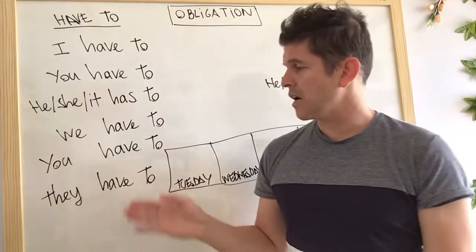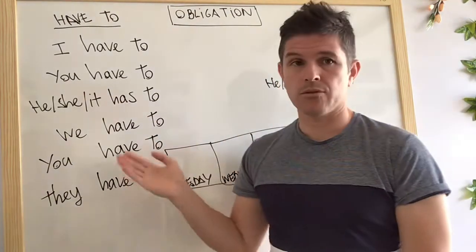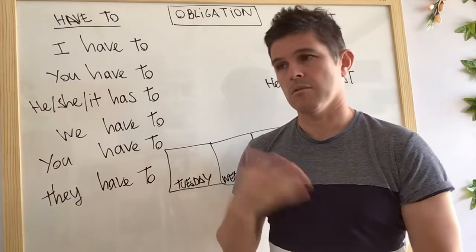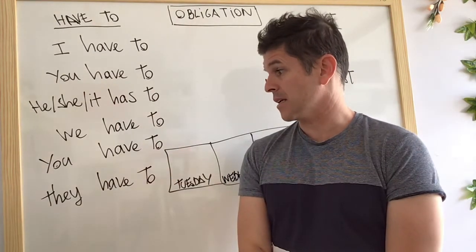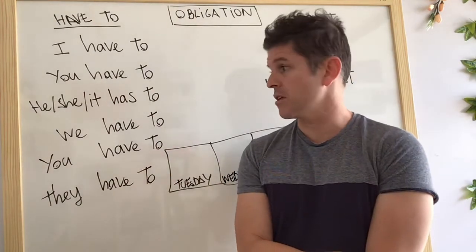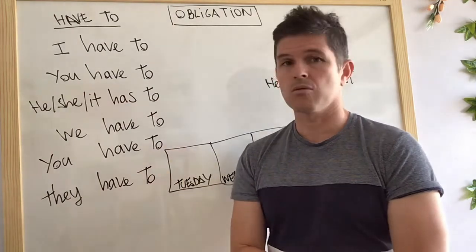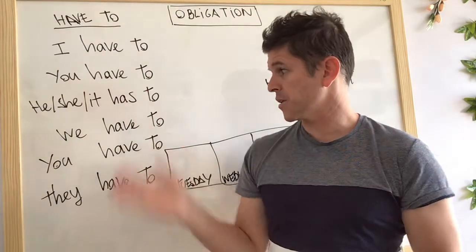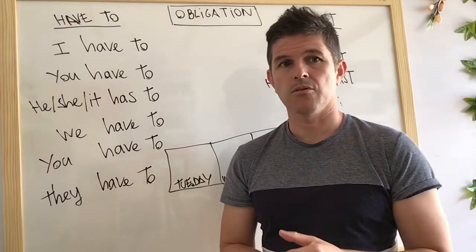Okay, we're gonna use this have to for this week only, and that's the homework, you know, the video. I ask you to do some sentences with the have to. Okay, things that you have to.